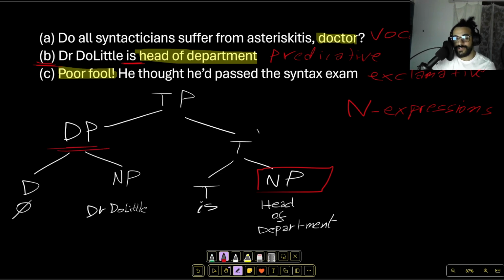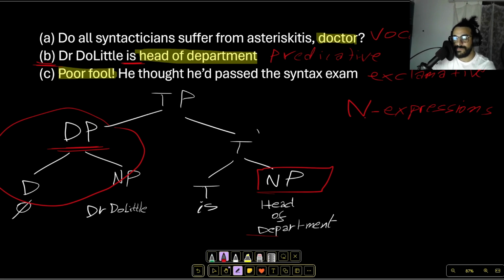So why is Dr. Doolittle a DP while head of department is an NP? Simply because this is a DP in an argument position, or this is a nominal expression in an argument position. Therefore, we can use a DP to refer to it. And for the lower nominal expression, it's an N expression because it's not in an argument position.